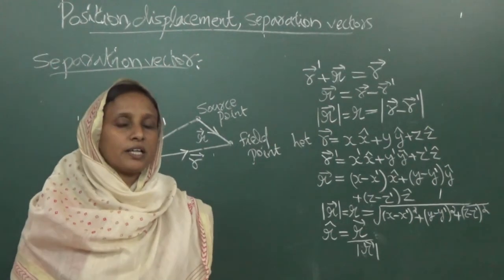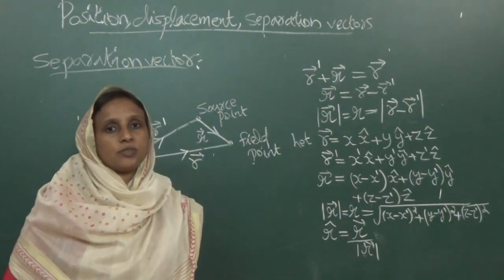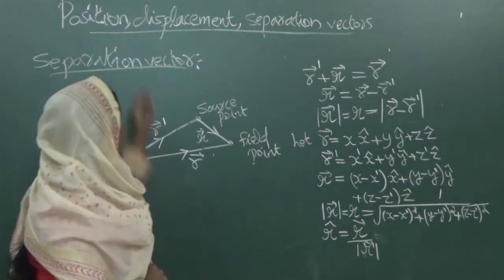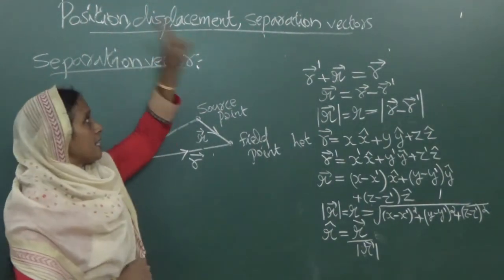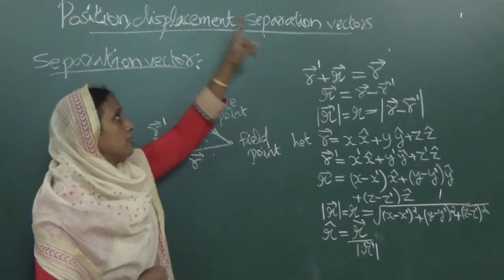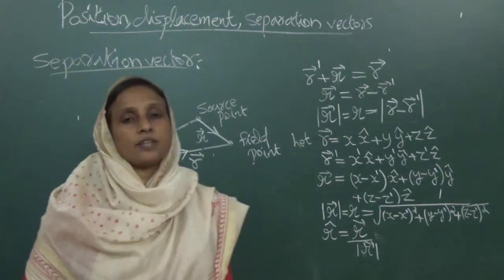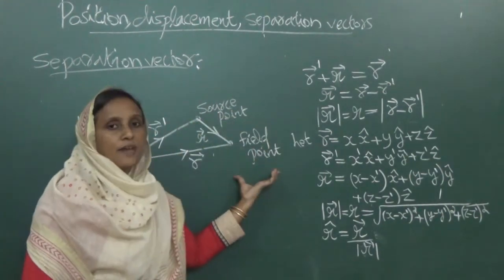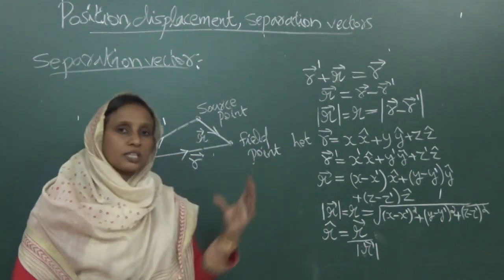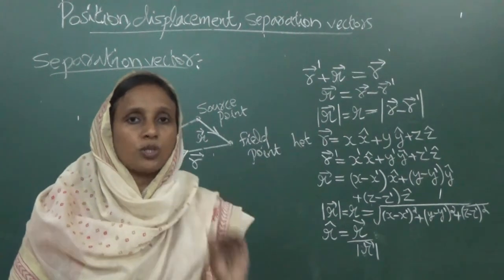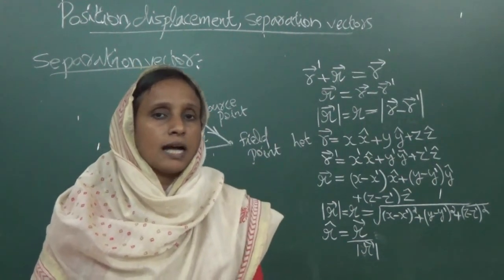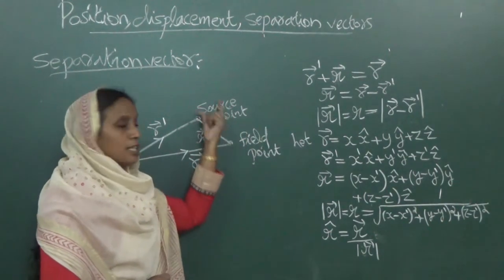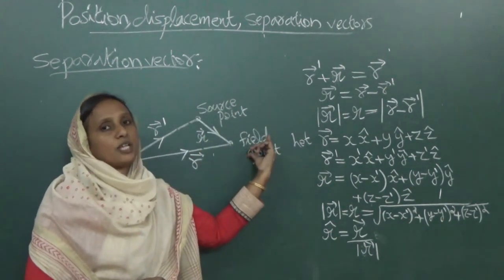So here we learned about three vectors which we need throughout this paper on electrodynamics. The first one is the position vector, the next is the displacement vector, and the third is the separation vector. For that we use the source point and the field point. Position vectors always start from the origin of the coordinate system. At the same time, the separation vector is in between the source point and the field point.